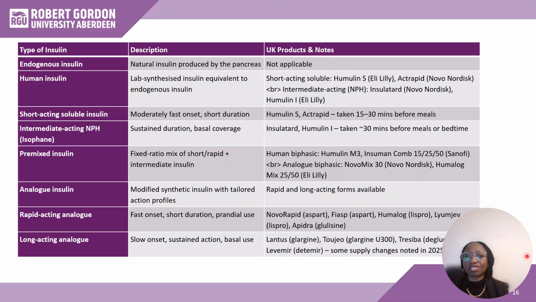It summarizes the onset, duration, and typical use, which can be a helpful reference when selecting the most suitable regimen for each patient. So it tells us exactly what it is, a brief explanation, and the products that are currently available in the UK, and it also includes the manufacturers just for completion.